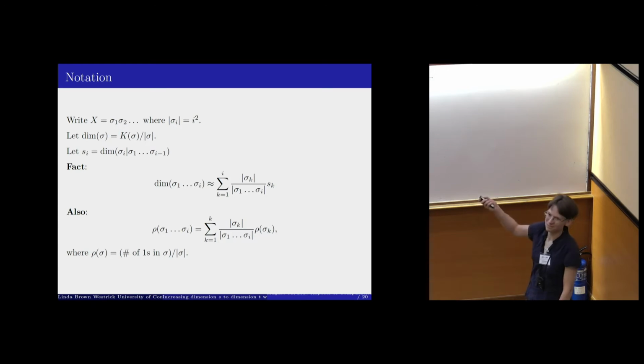But we want to notice that both of these properties of initial segments, both their dimension and their density, can be either well approximated or obtained straight up by taking an appropriately weighted convex combination of the conditional dimensions and densities, respectively, of those individual chunks.